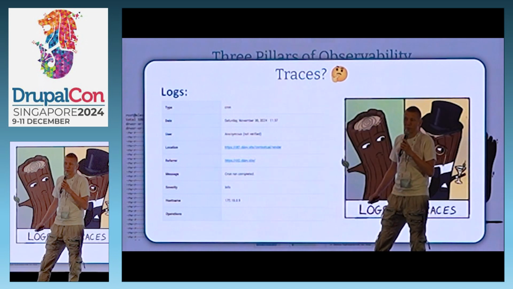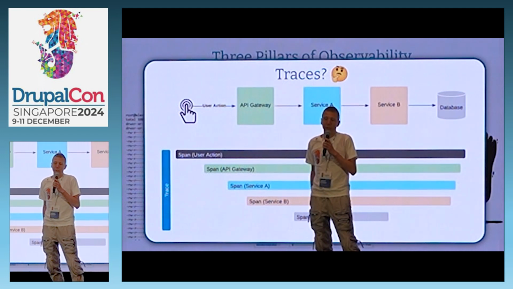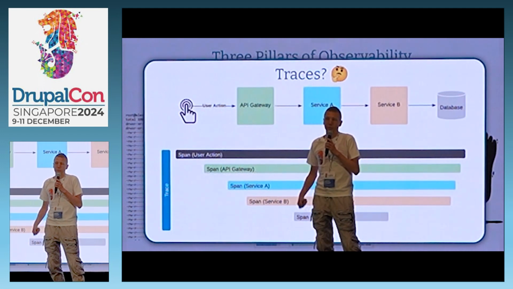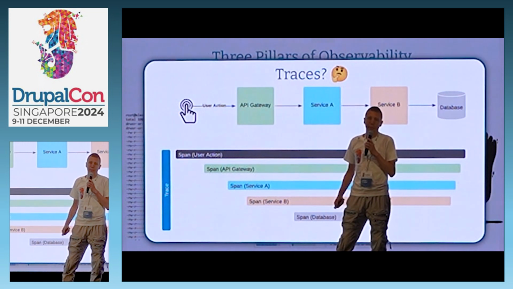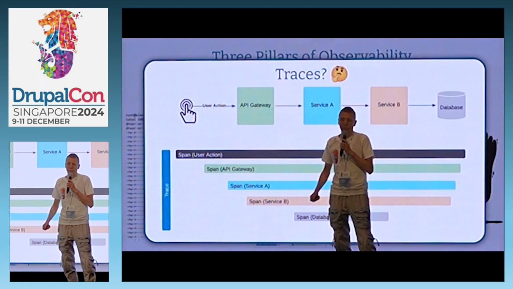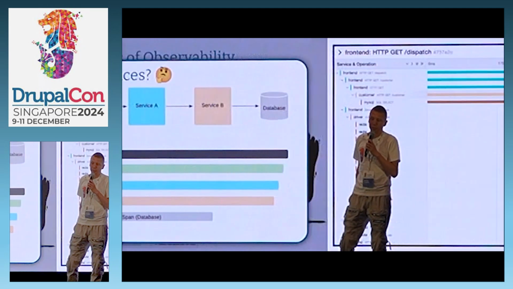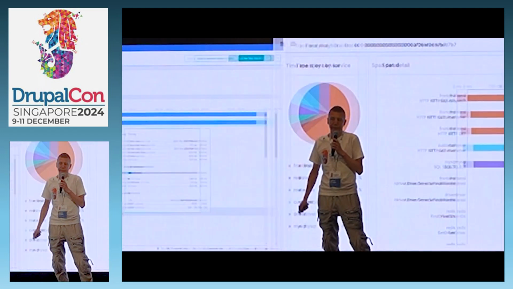And traces are like logs, but better. They can represent all actions that happen under the hood after the user action on the front end through all the gateways, services, microservices, and even database. And they can be represented visually as colorful spans. And they can look like this, or like this.